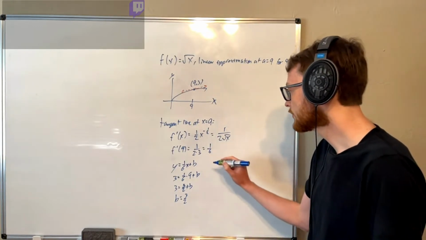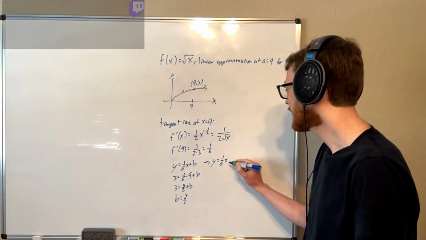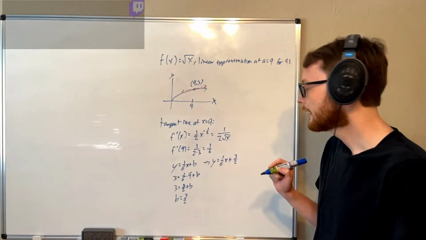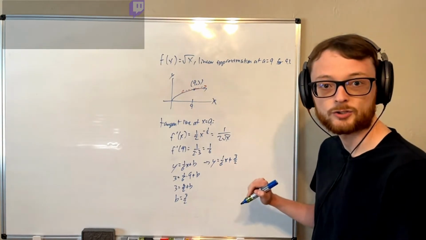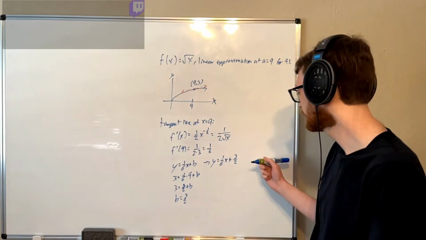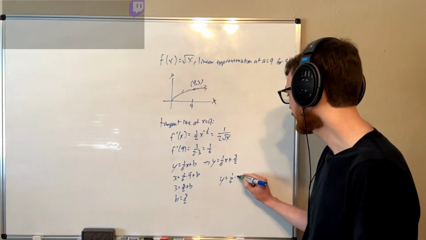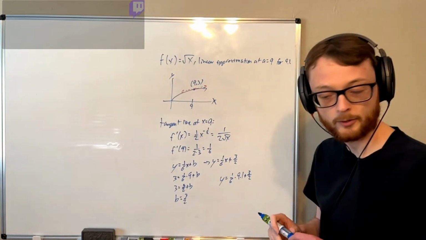So our tangent line becomes y equals 1/6 x plus 3 over 2. Now the only thing that's left is to plug 9.1 into this tangent line, and that's our approximation for the square root of 9.1. So y equals 1 over 6 times 9.1 plus 3 over 2. I call that work for a calculator personally.